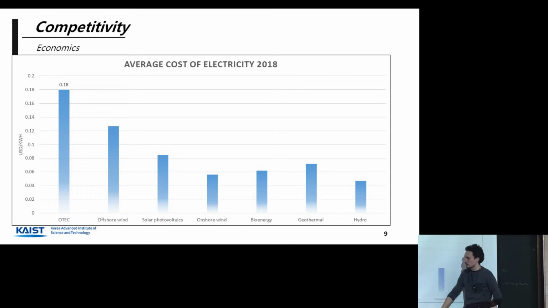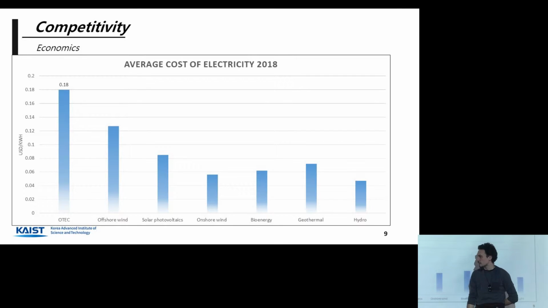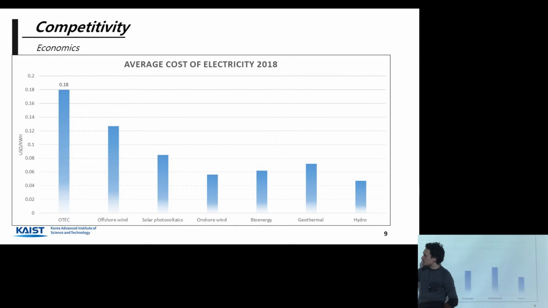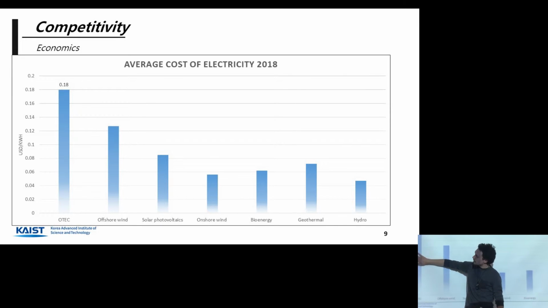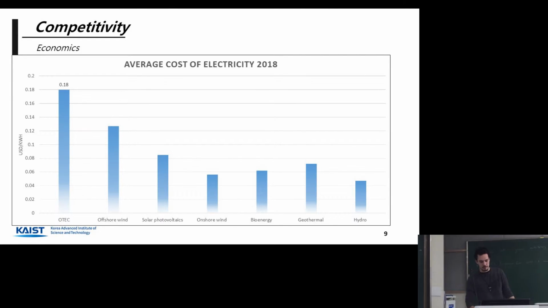And the main competitors are here, offshore wind and solar photovoltaic. So it will be great for OTEC to reduce the cost to around 0.1 here, like to be in the range of these two. So that will be our goal later.